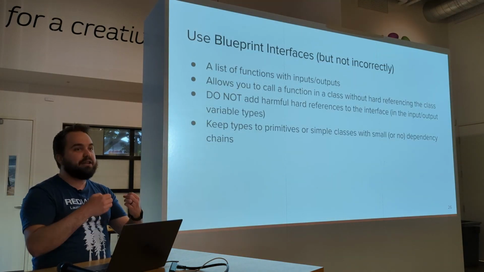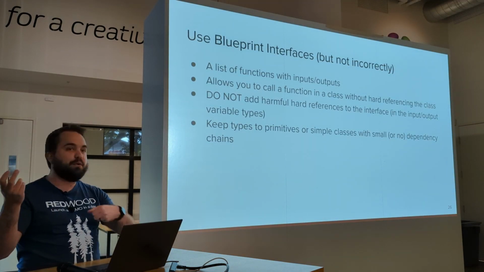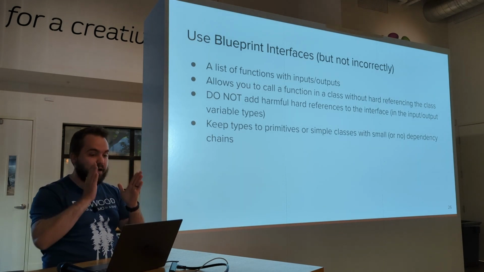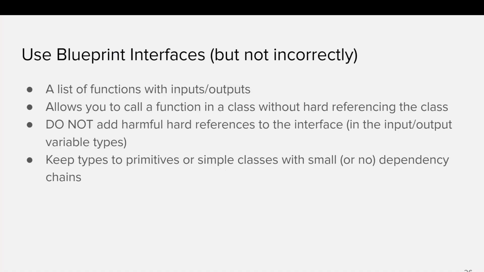Okay, interfaces. This is the thing that people have been saying to use to avoid this, but people use it wrong all the time. Blueprint interfaces are great for avoiding hard references. They allow you to call functions inside of any actor that implements that interface, and if they don't, it's ignored, so it's pretty cool.